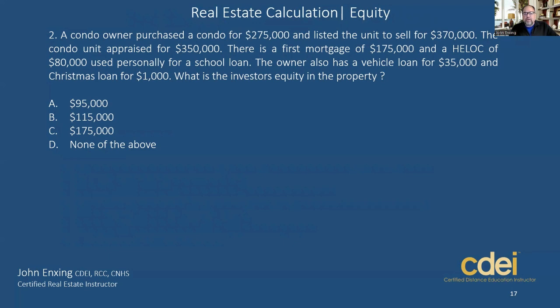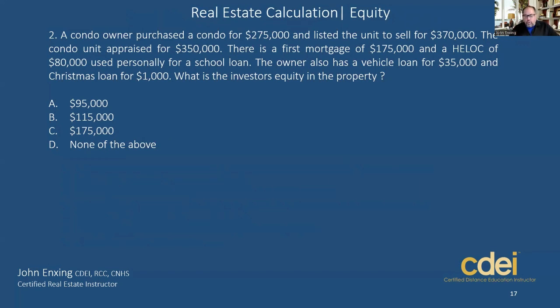The condo unit appraised for $350,000. There's a first mortgage of $175,000 and a HELOC, which is a home equity line of credit, of $80,000 used personally for a school loan. The owner also has a vehicle loan for $35,000 and a Christmas loan for $1,000. What is the investor's equity in the property?